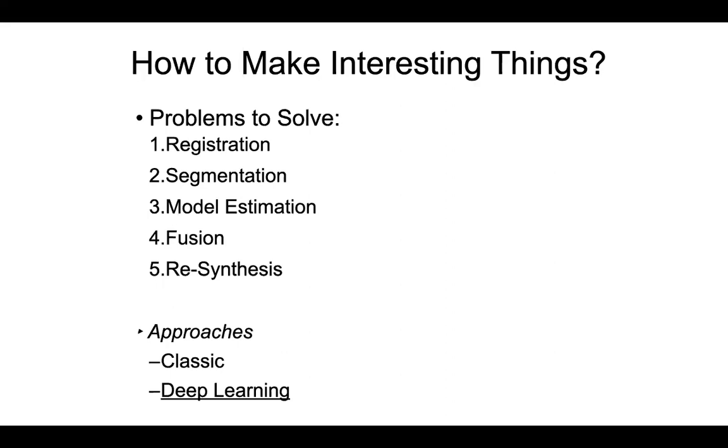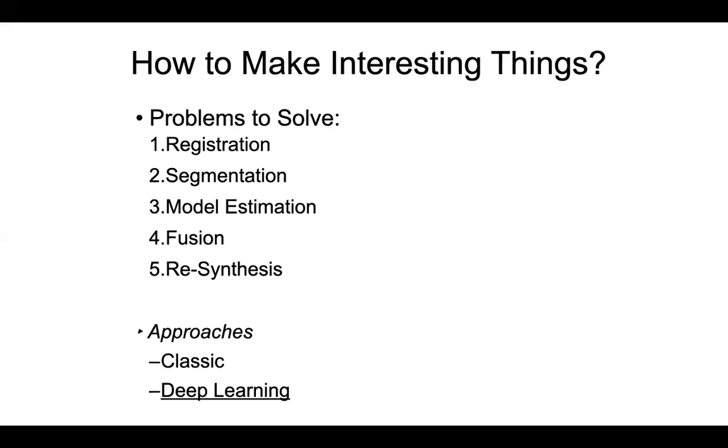You have to solve the problems of registration, segmentation, model estimation, fusion, and resynthesis. Because solving these problems is going to guarantee those properties that we discussed, that we need a common support, and we need an underlying mathematical model. And that's related to the affinity binding and to the application.